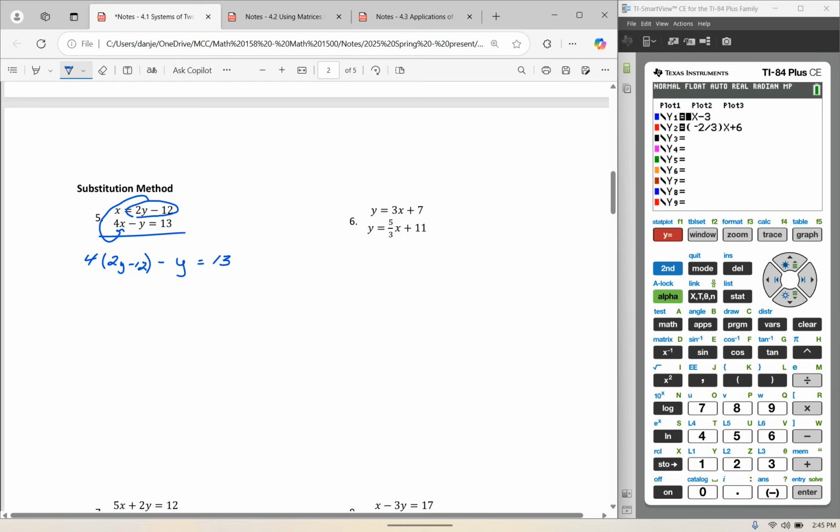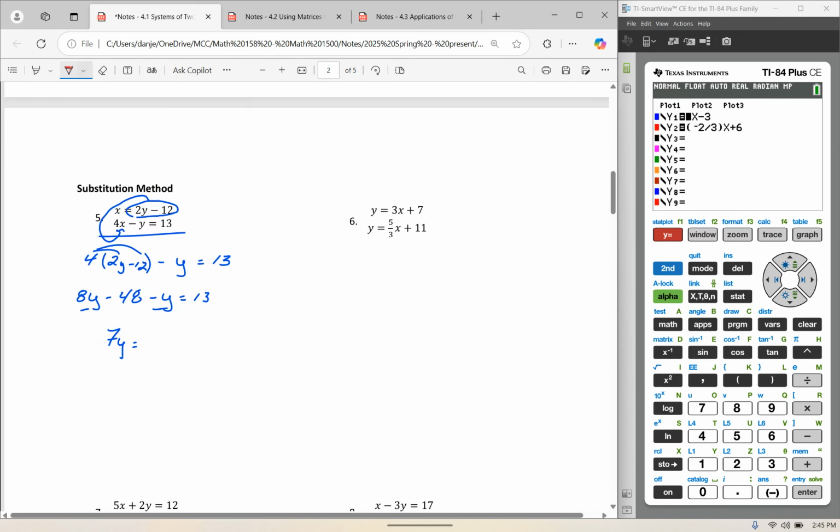So 4 times 2y is 8y. 4 times negative 12 is a negative 48. Then we just have minus y equals 13. So I've got an 8y and a negative y is going to be 7y when I combine those.